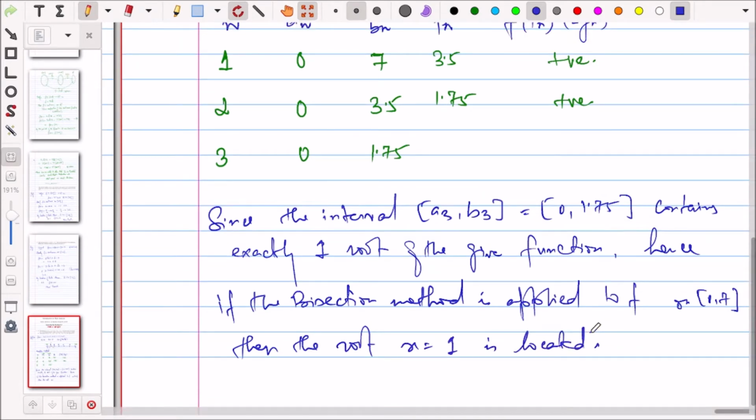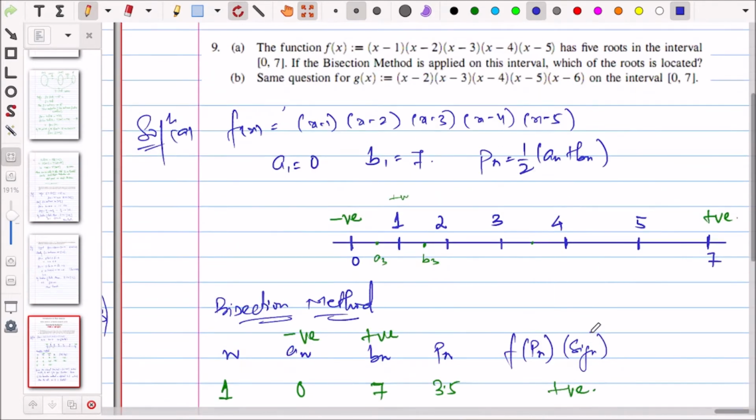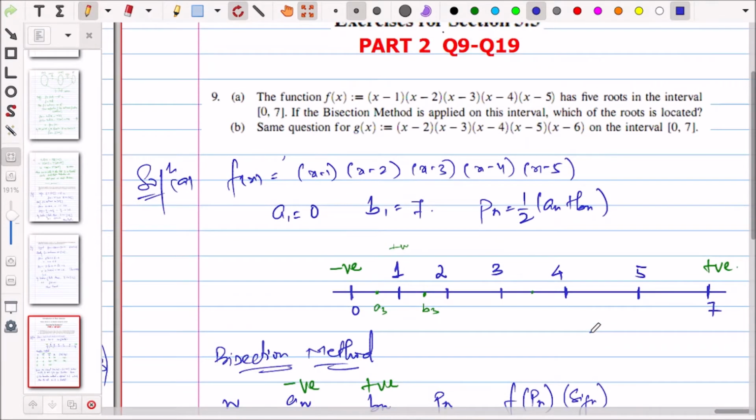So you will be able to locate x equal to 1 if you apply the bisection method on the interval 0 to 7.